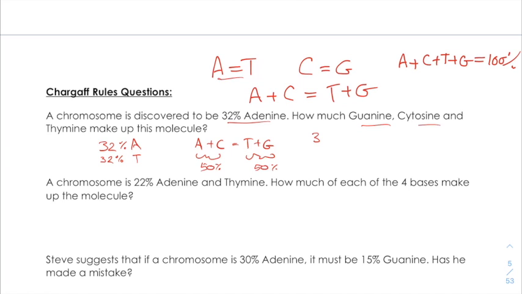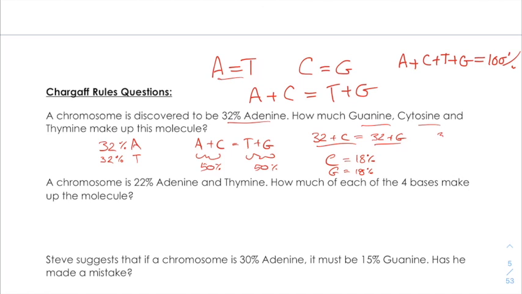So right now we have 32 plus C and 32 plus G. And we know that each of these sides has to be half of the DNA molecule. So how much is C? Well, C must be 18% and G must be 18%. So let's just do a double check.